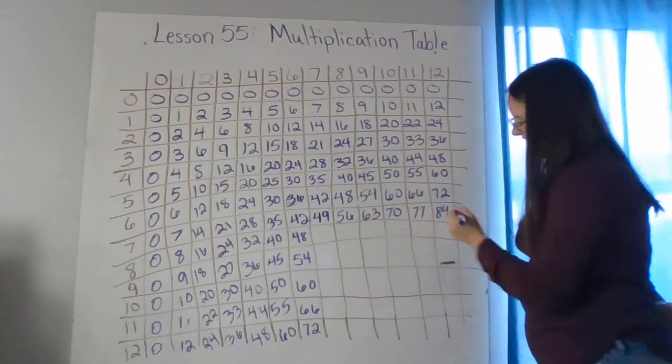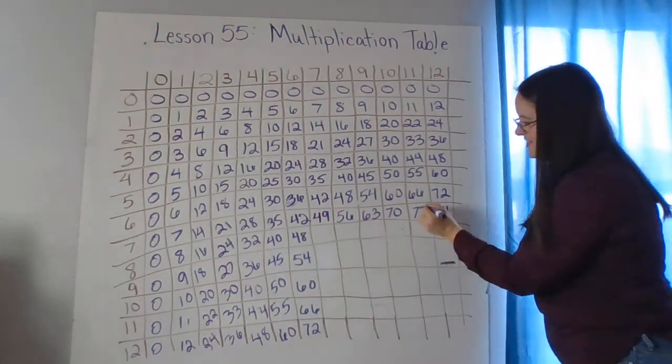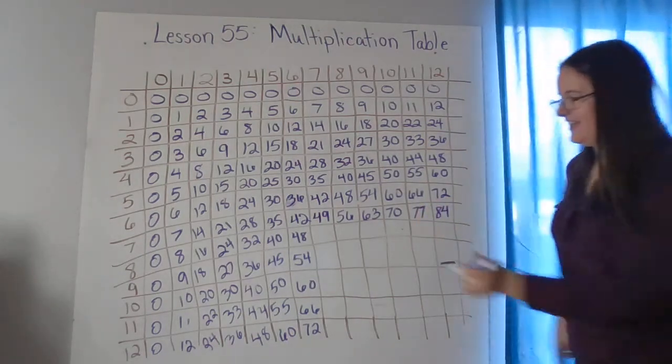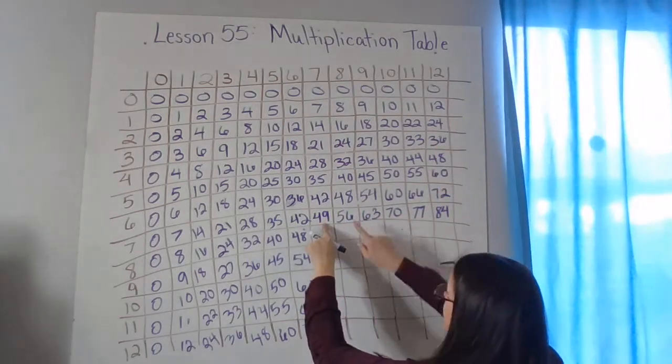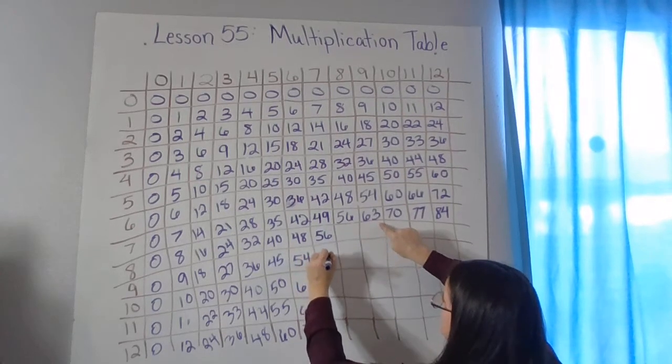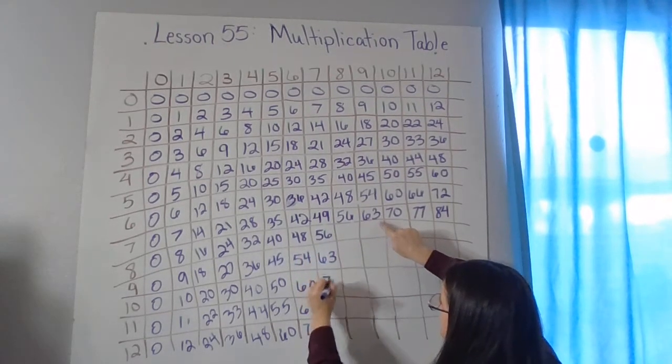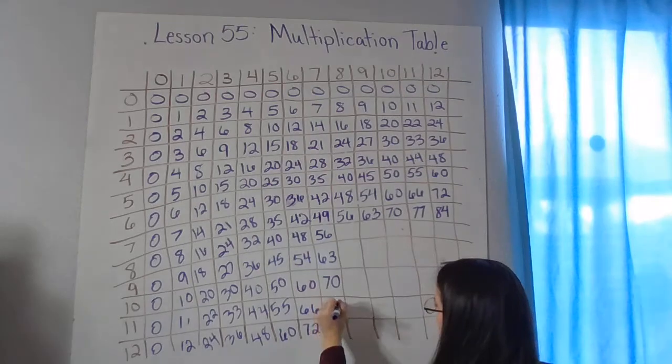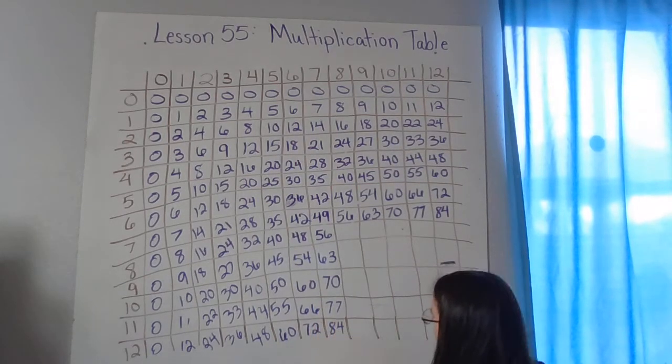And 77 plus 7 is 84. And then we're going to go down. We left off at 49, so next is 56, 63, 70, 77, 84.